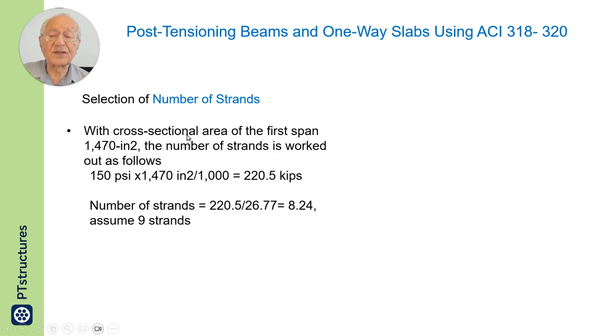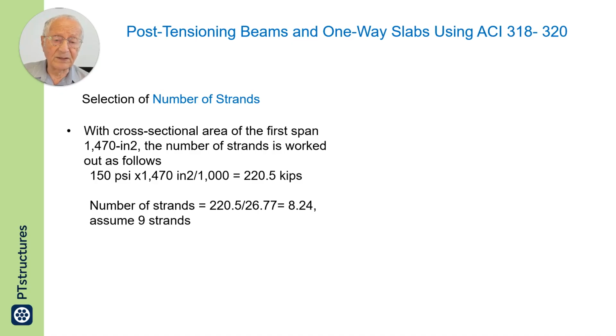I have the cross-sectional area of the member. I have assumed 150 psi average compression multiplied by cross-sectional area. That gives me the total post-tensioning force I need for span number 1.